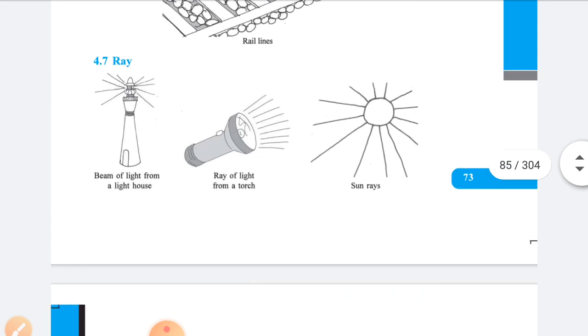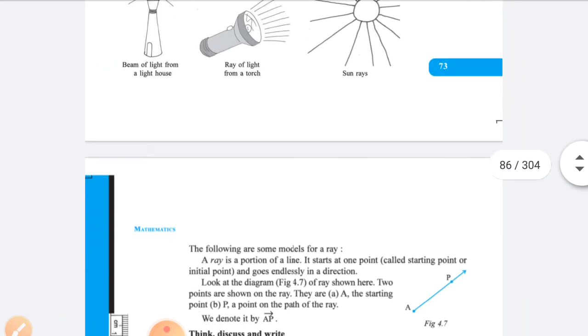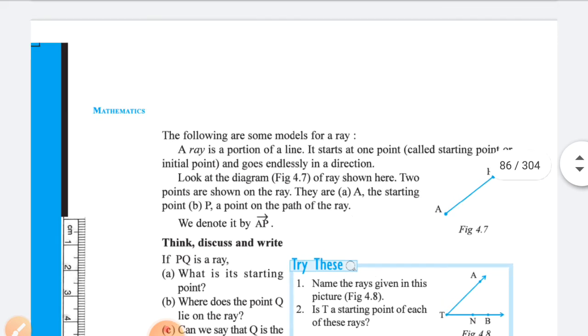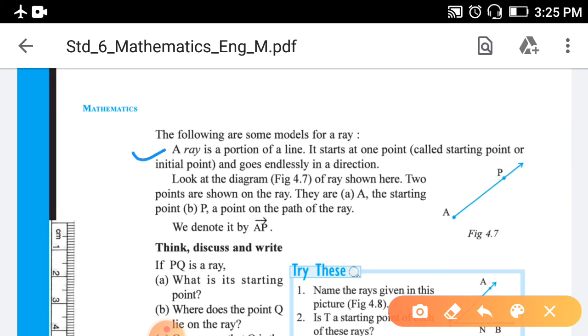Then ray. What is a ray? Ray is a portion of a line. It starts at one point and goes endlessly in a direction. Here, take any portion of line.